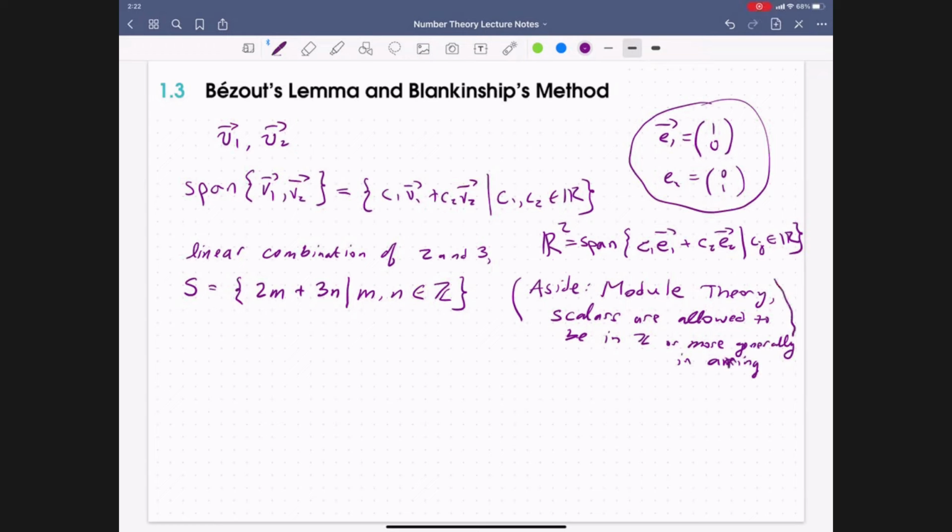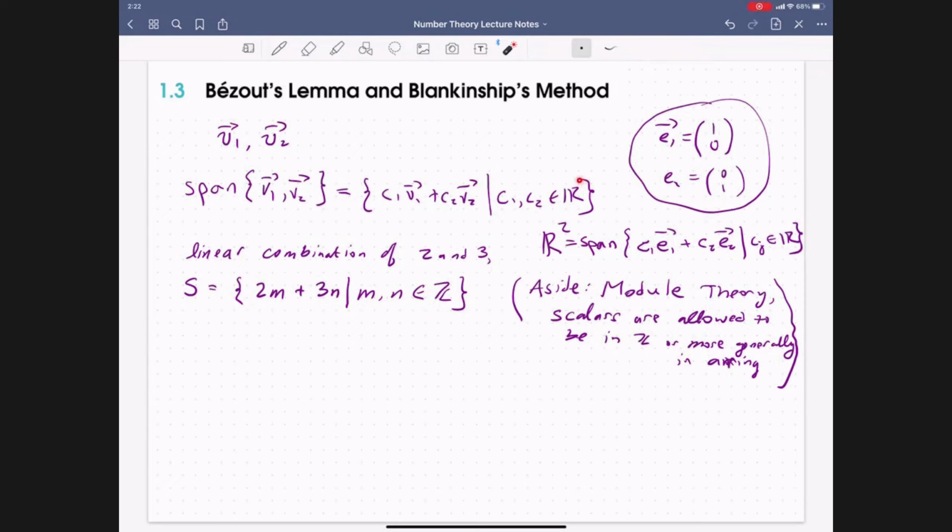So this terminology, we're looking at linear combinations, but now our scalars, m and n, are integers. Module theory is a topic that is covered in commutative algebra and arose with Emmy Noether's work in generalizing the properties of the integers as well as the properties of vector spaces.